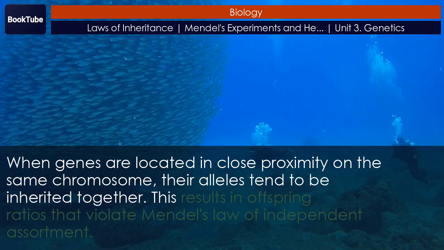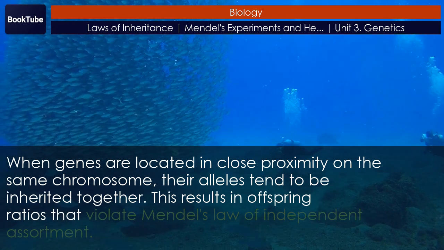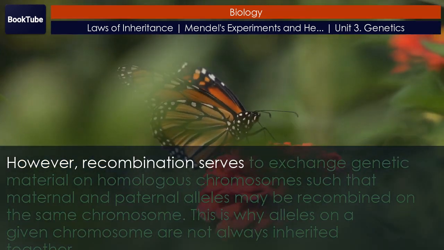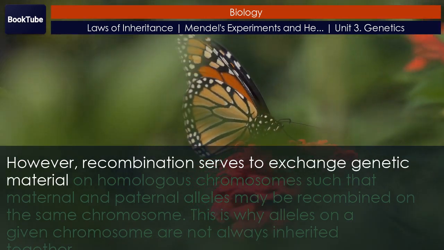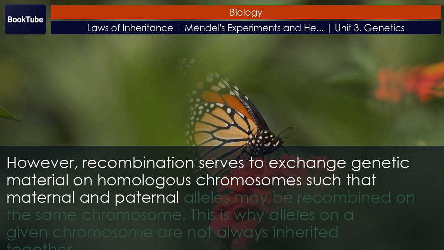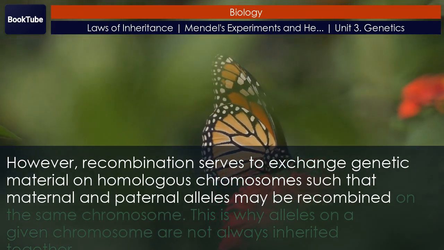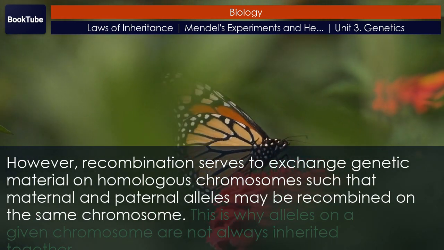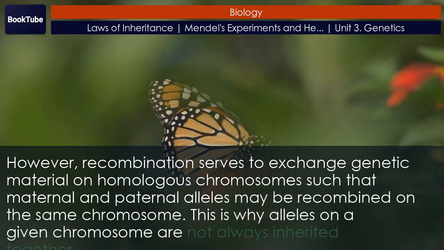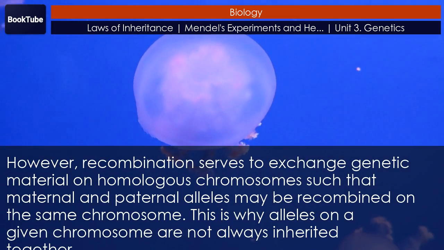This results in offspring ratios that violate Mendel's law of independent assortment. However, recombination serves to exchange genetic material on homologous chromosomes such that maternal and paternal alleles may be recombined on the same chromosome. This is why alleles on a given chromosome are not always inherited together.